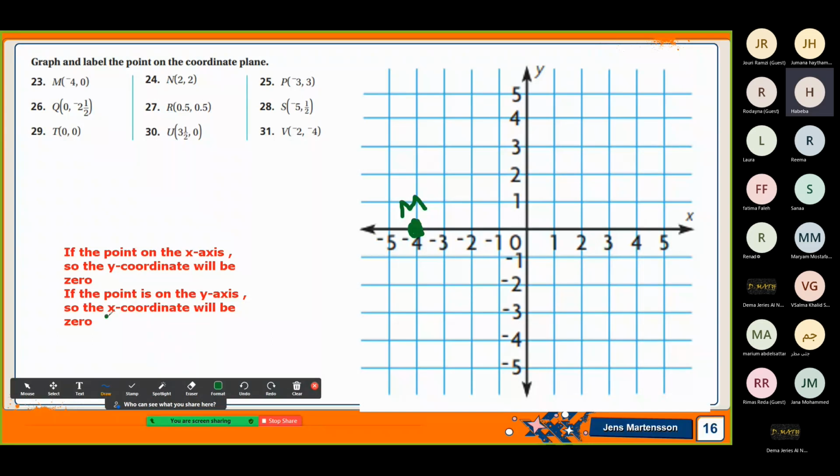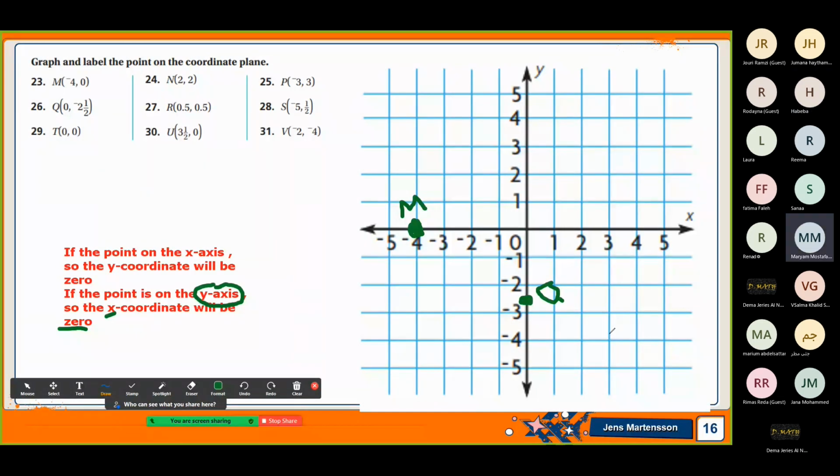If the x coordinate is 0, your point is on the y-axis. So you are at 0, don't go to the right or to the left. The negative 2.5, where do you have to go? Between negative 2 and negative 3. Bravo, it's here. So this is letter Q. Thank you so much, Habiba.